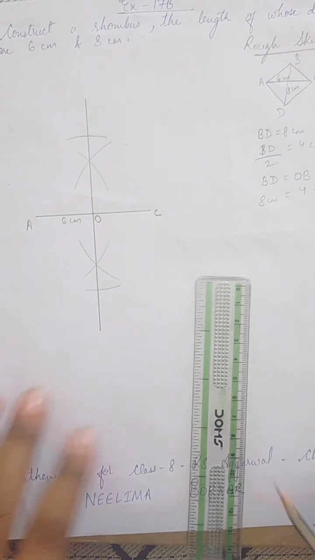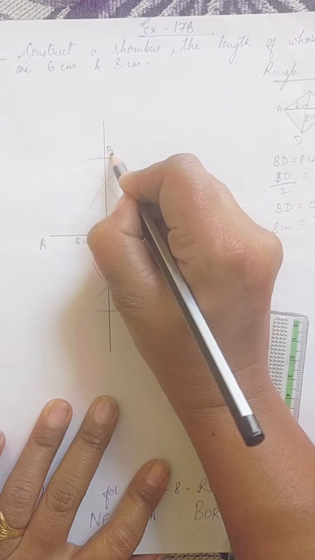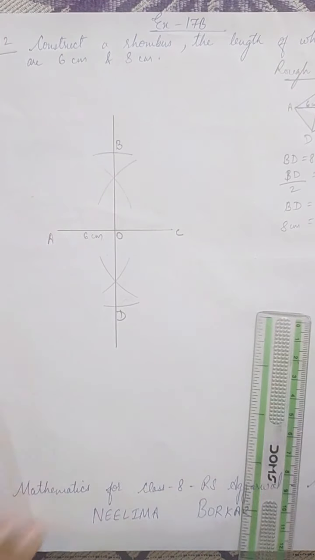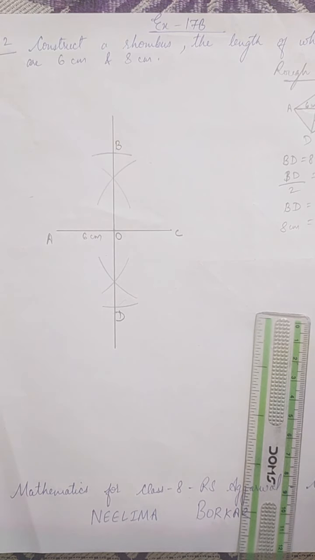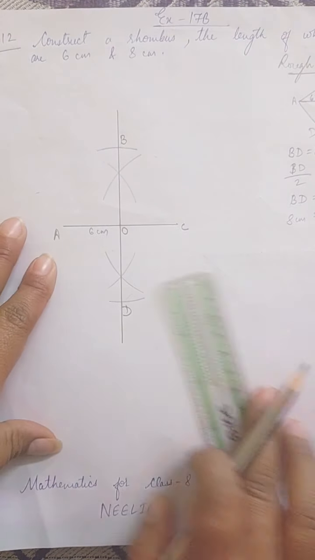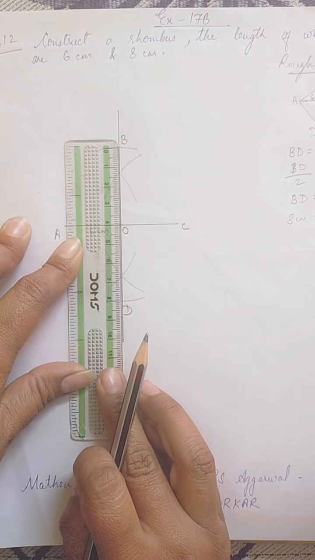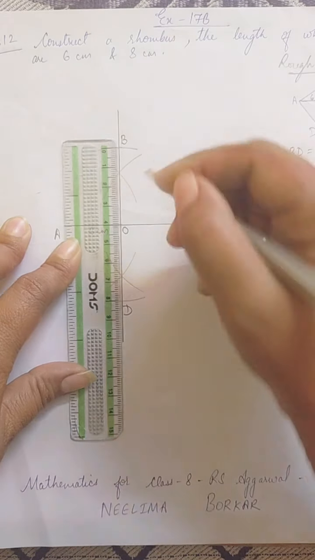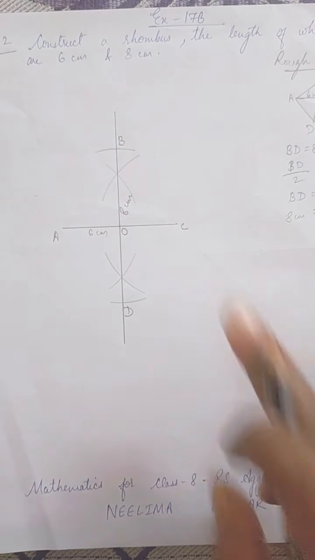Now this will give you point B and D. Now you can measure. We have taken 4 centimeter OB and 4 centimeter OD. So this will total give you 8 centimeter. So BD is 8 centimeter. You can see it is coming correct 8 centimeter. So we got point B and D also.